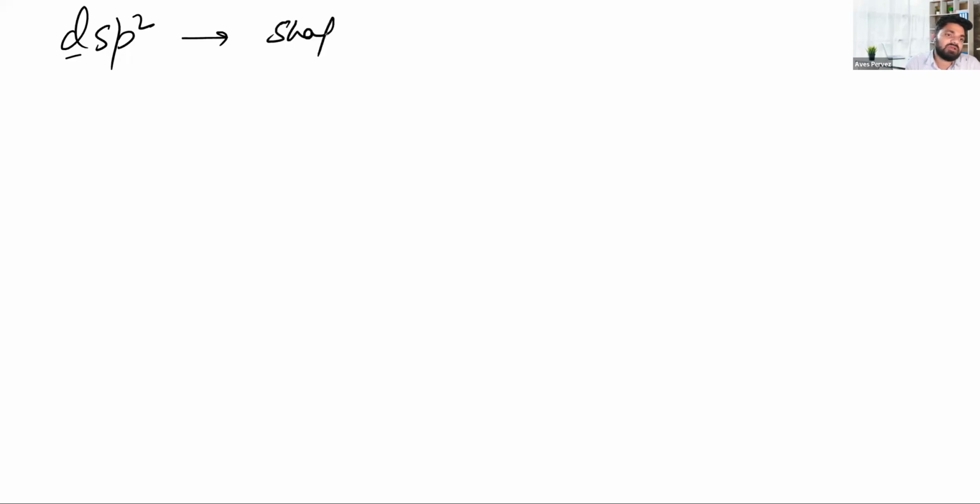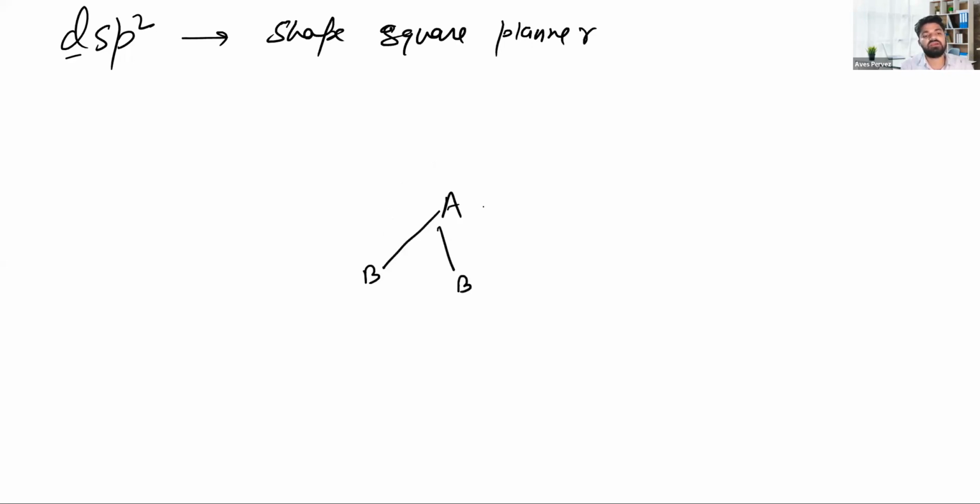The shape will be square planar. So if four atoms are attached with the central atom, one possibility is like this: I'm taking the central atom as A, and this is B, this is B, this is B, and this is like a tripod structure.